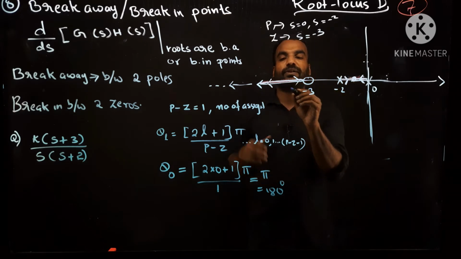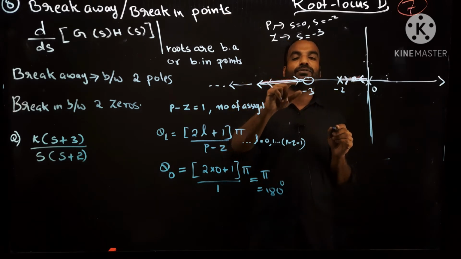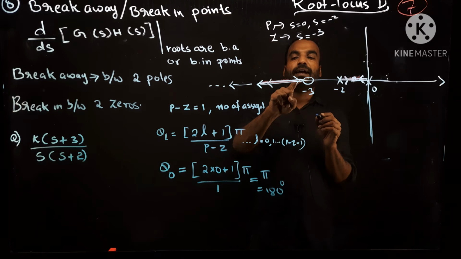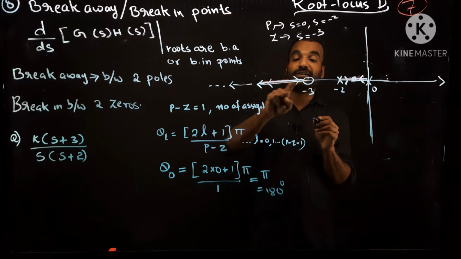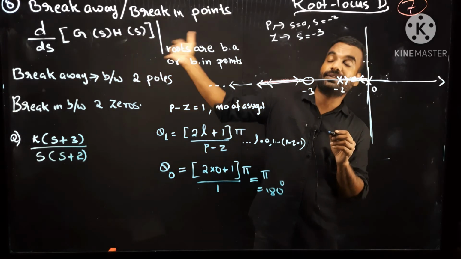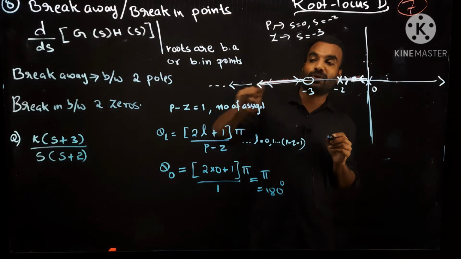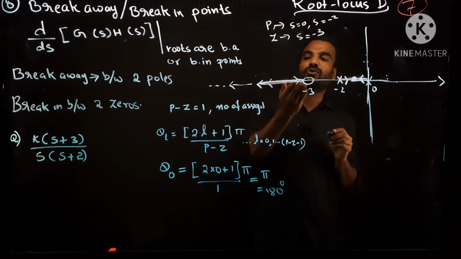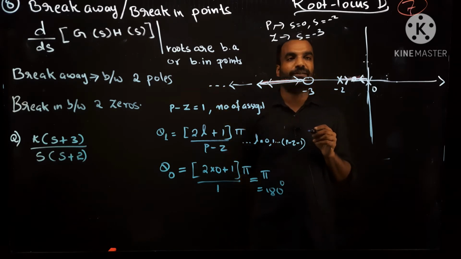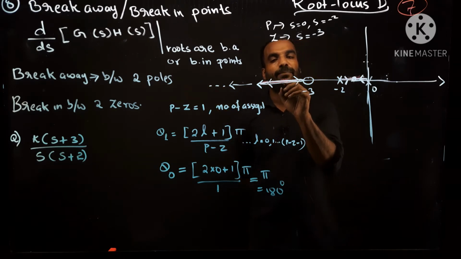And here also somewhere a break-in will happen, because one zero is here, a finite zero, and one infinite zero is somewhere at infinity, because the asymptote is saying so, and the root locus diagram is also present up to infinity. So some meeting point will be here.